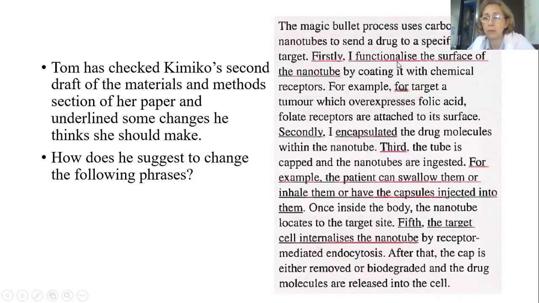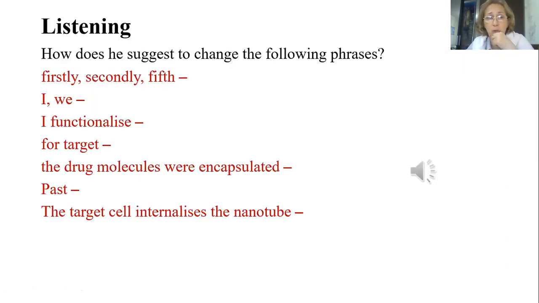And some more structures, I functionalize the surface of the nanotube. I encapsulated, for example, the patient can swallow them or inhale them or have the capsule and so on. And now we are going to listen to the conversation between Kimiko and Tom.